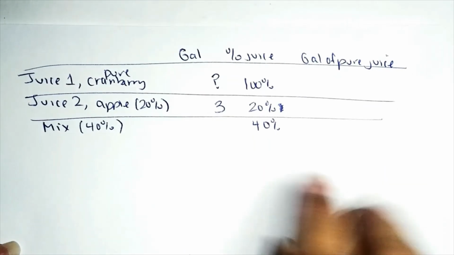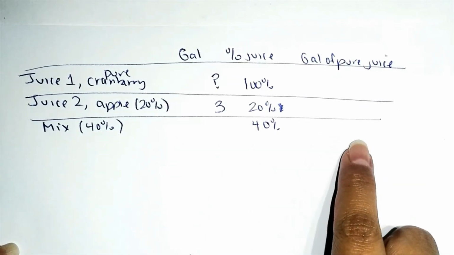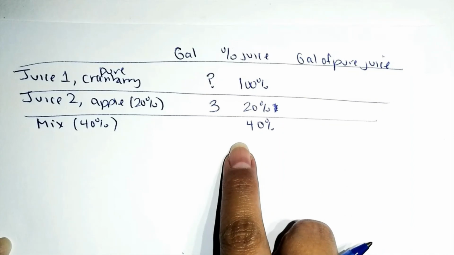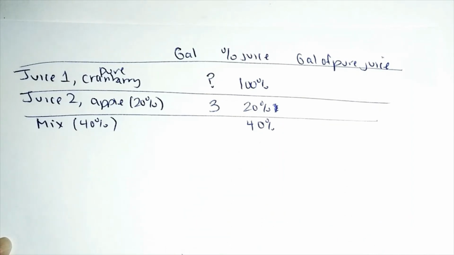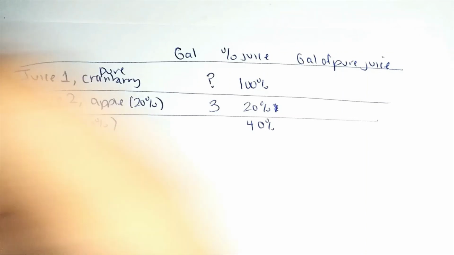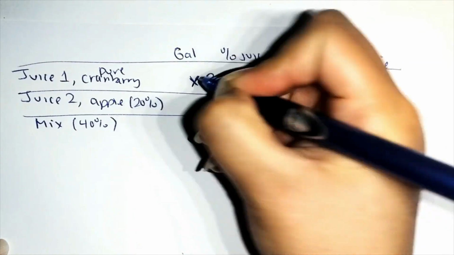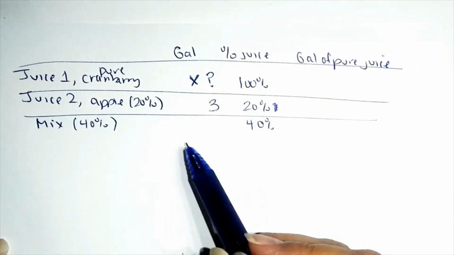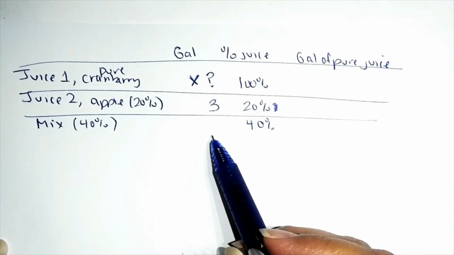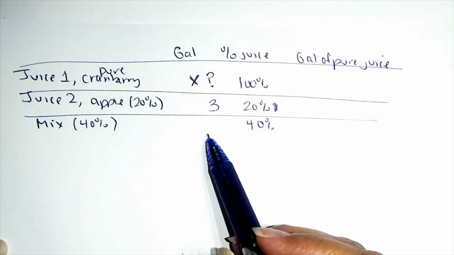Now in this case, we have a table. We already plugged in all the numbers that we could. What we need to do is work some magic to complete the rest of the table, and then we'll take it from there. How much pure cranberry juice? No idea. So I'm just gonna call that X. How many gallons of juice do we have in the mix?